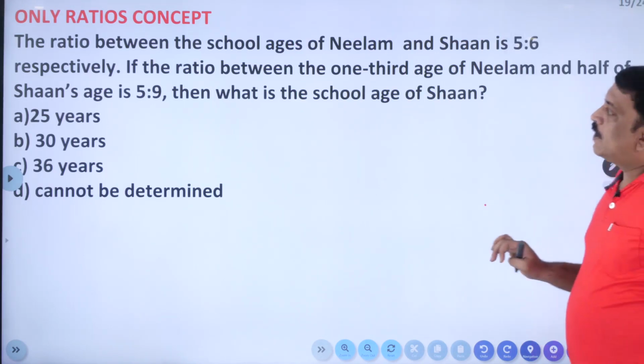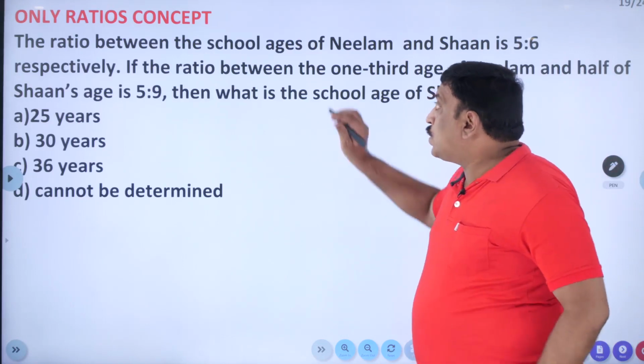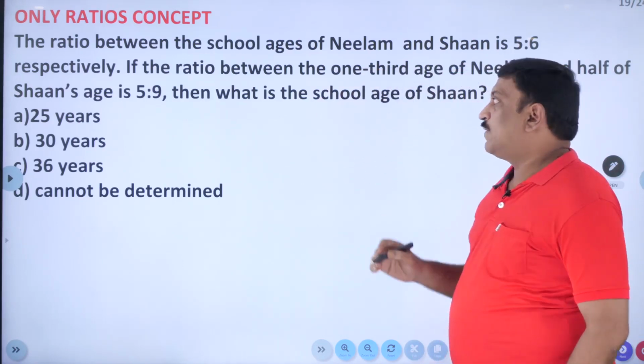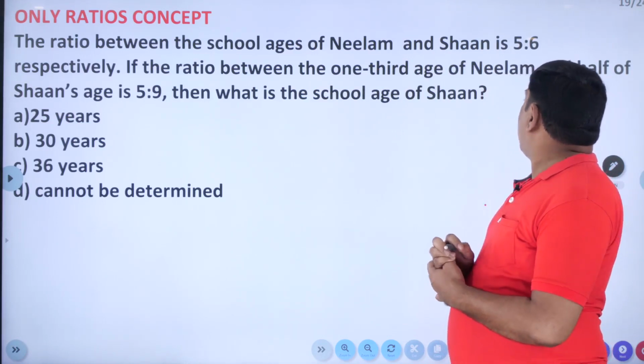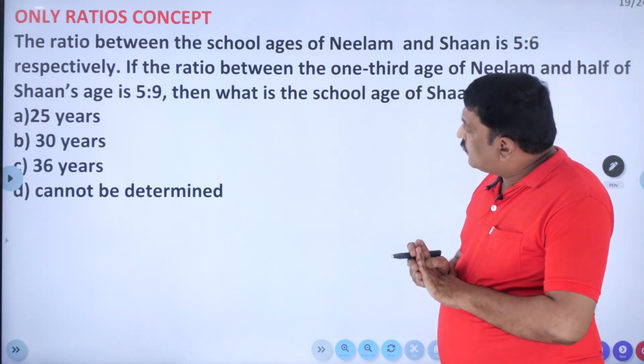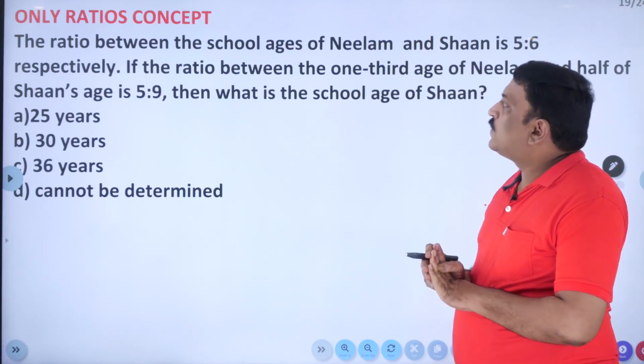Yeah, you see this one? The ratio between the school ages of Neelam and Shan is 5:6 respectively. If the ratio between 1/3 of Neelam's age and half of Shan's age is 5:9, then what is the school age of Shan?